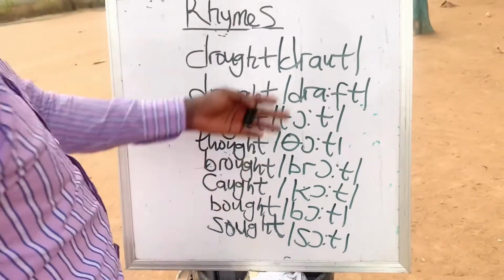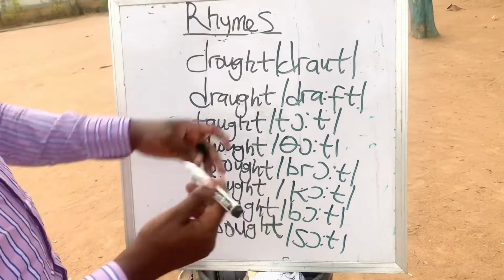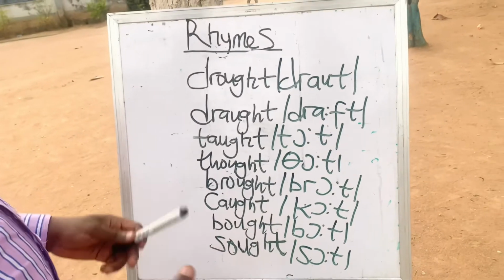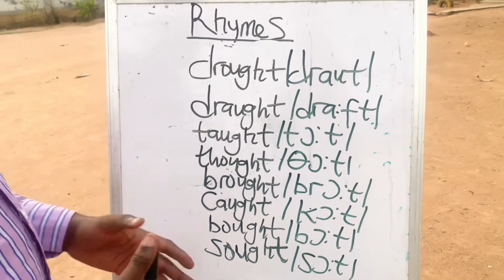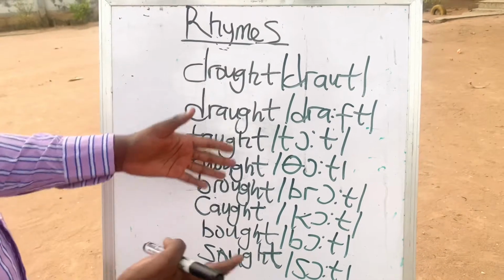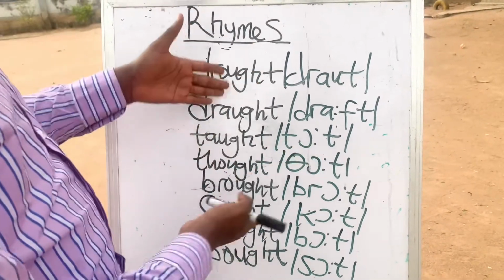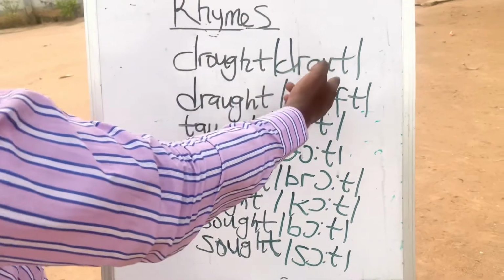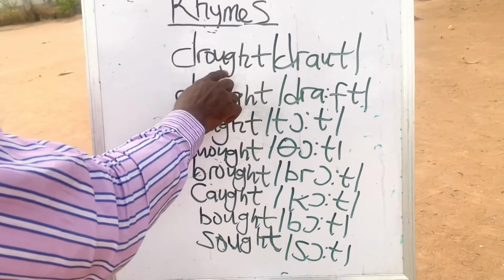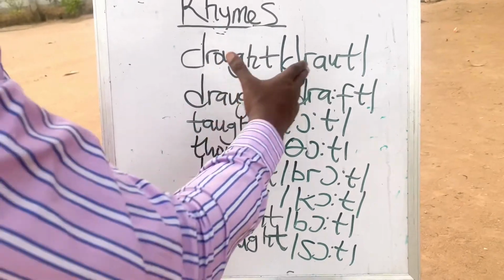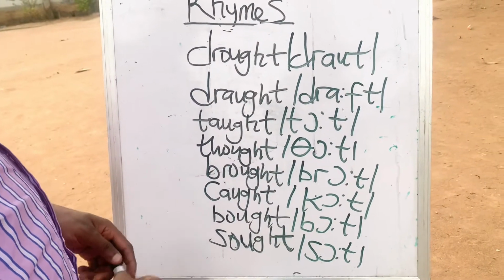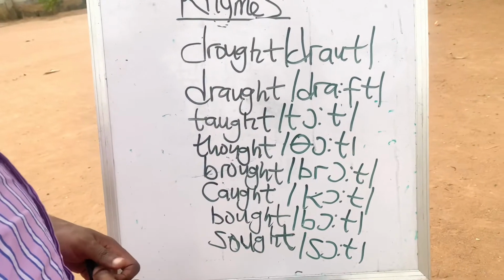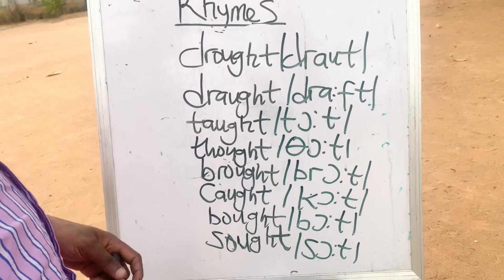Now from the transcription, you can see that it is not all the words that rhyme, despite the fact that virtually all the words share the same spellings towards the end of the word. So the first one, drought, it doesn't rhyme with any of the words below. What about the next one, which is draft?